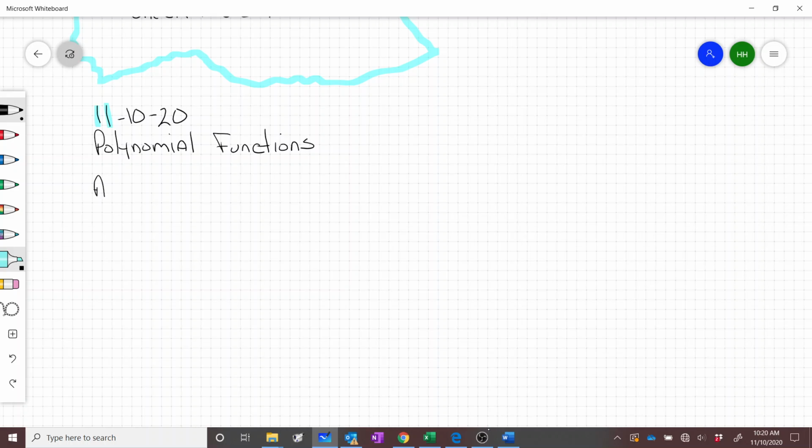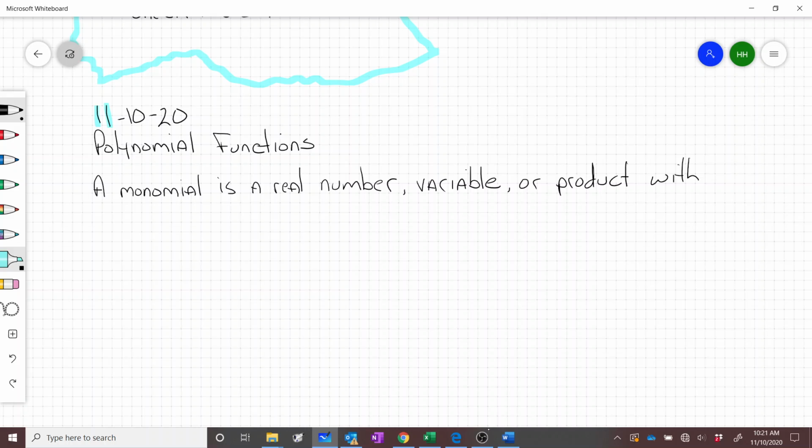And a monomial is a real number, variable, or product with whole number exponents.